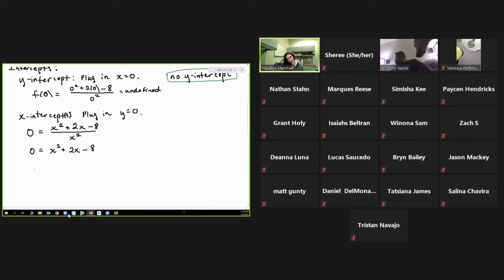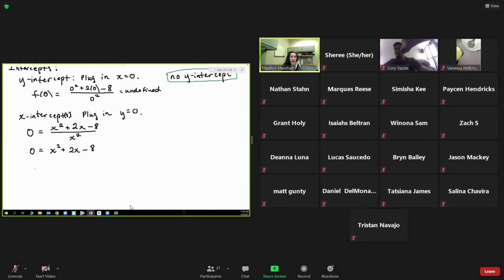And if this is factorable, we can factor it to solve. If it's not factorable, then the quadratic formula or completing the square would be our options. But this is factorable.